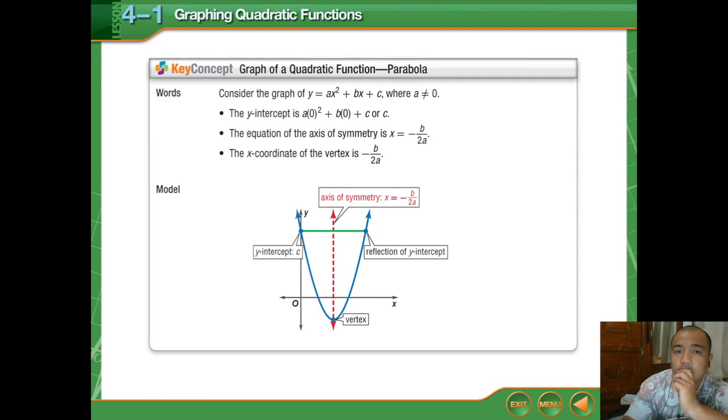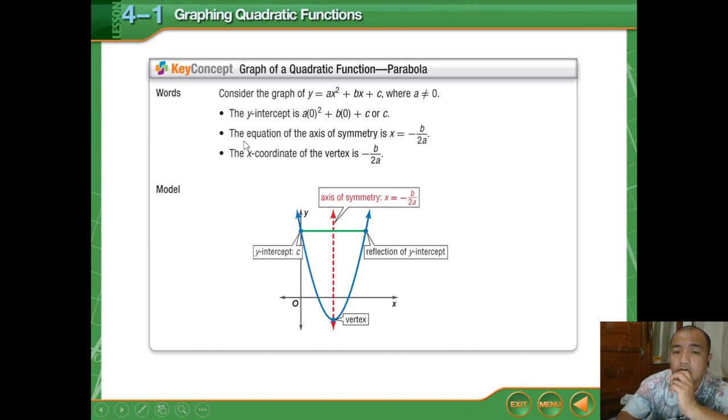Let us now consider the graph of y equals ax squared plus bx plus c, where a is not equal to 0. The y-intercept is c. When we're solving for the y-intercept, we let x equal 0. So we have a times 0 squared plus b times 0 plus c, or c. So the y-intercept can be written as c.